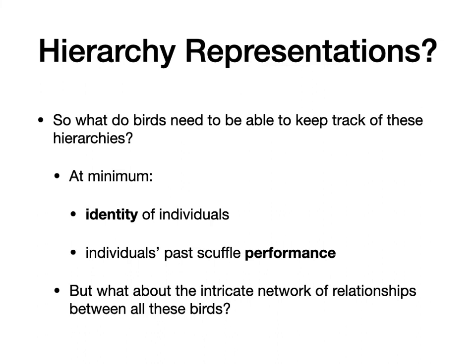But there's also these complex networks, even if we were just storing a table of every bird ID and every fight outcome, there's still this non-obvious network, right? The relationships between all the birds.